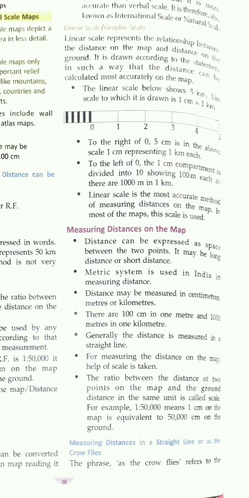The ratio between the distances of 2 points on the map and the ground distance in the same unit is called scale. Okay, understood? For example, 1 ratio 50,000 means 1 centimeter on the map is equivalent to 50,000 centimeter on the ground.